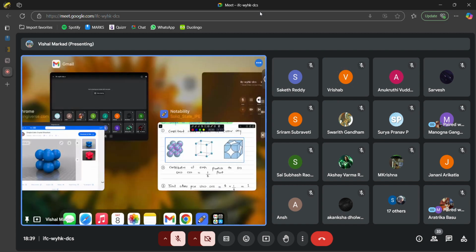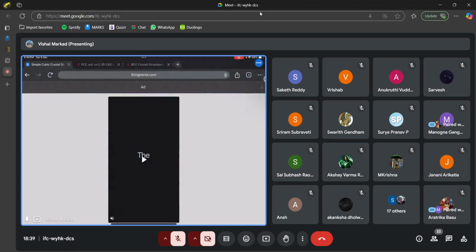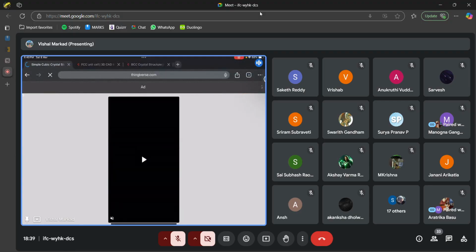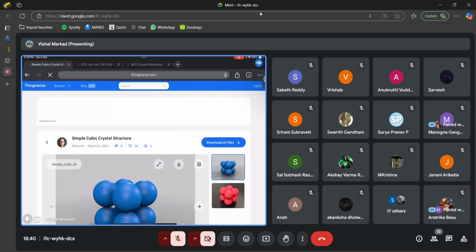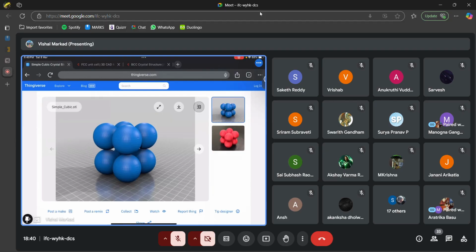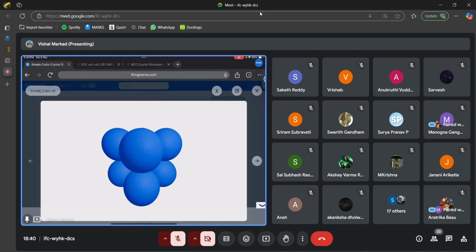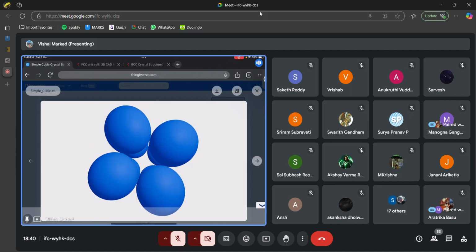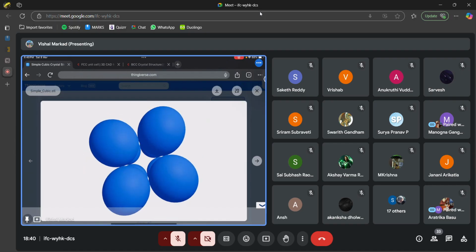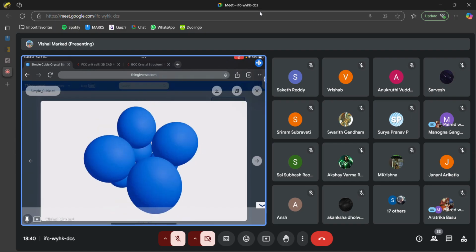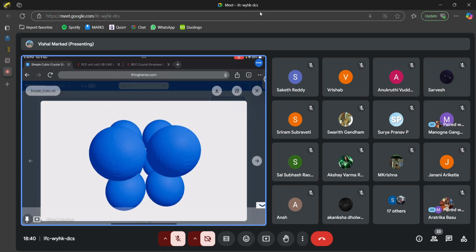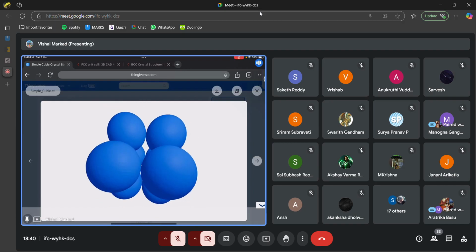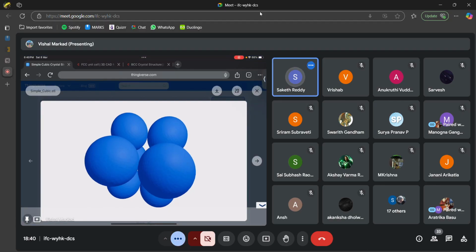Look at here. This is the simple cubic unit cell. Now each atom is contributing how much here? If you form a cube here, how much contribution will be there from each sphere? 1/8.